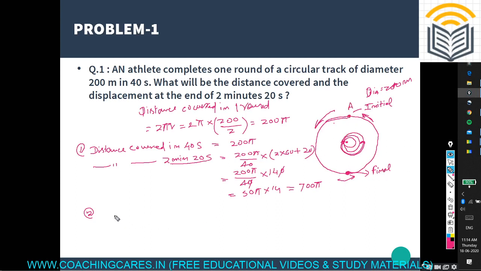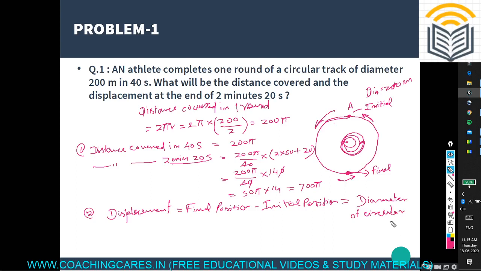So the displacement is equal to final position minus initial position, which is nothing but the diameter of that circular track.